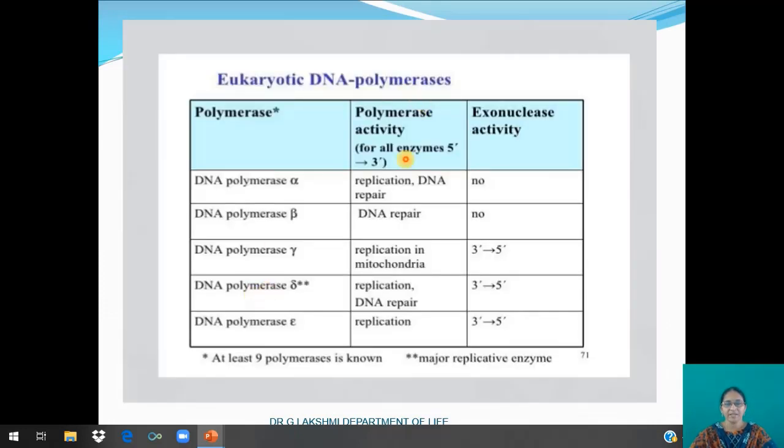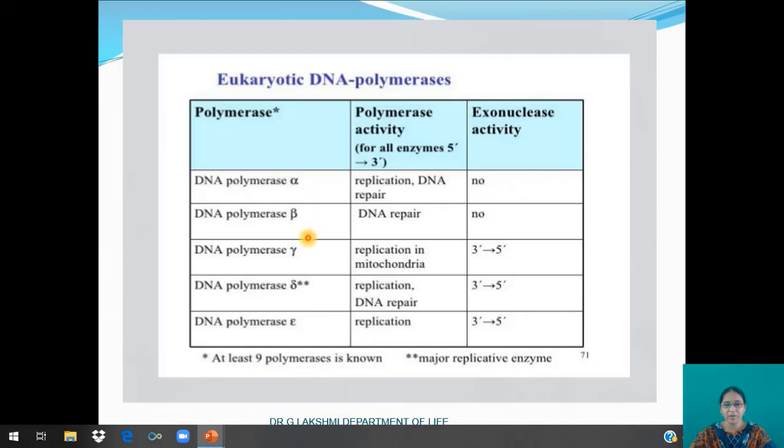Eukaryotic DNA polymerases. There are alpha polymerase, beta polymerase, gamma polymerase, delta polymerase and epsilon polymerase. See the functions of DNA polymerase alpha, which has polymerizing activity in the 5' to 3' direction, involved in replication and in DNA repair. There is no exonuclease activity for DNA polymerase alpha.